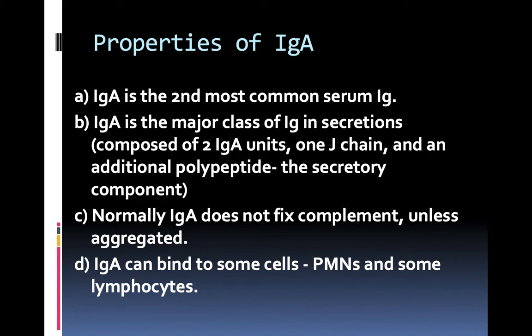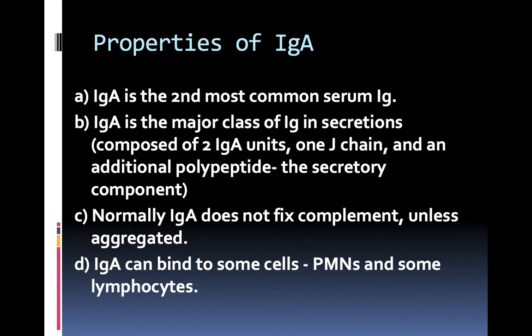IgA is the second most common serum immunoglobulin. IgA is a major class of antibodies in secretions, as I've already mentioned. Normally, IgA does not fix complement unless it is aggregated, unless they can be combined into multiple units.